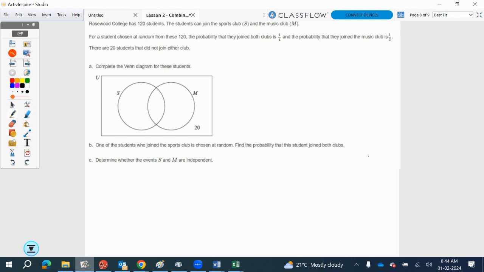Okay. So Rosewood has 120 students. The students can join Club F or Club M. For a student chosen at random from these 120, the probability that they joined both clubs is a quarter. So if they join both clubs, which part of the Venn diagram is that? The middle, the intersection. So the number of students in A intersection B is going to be 120 times a quarter.